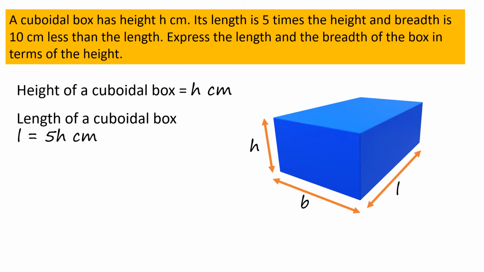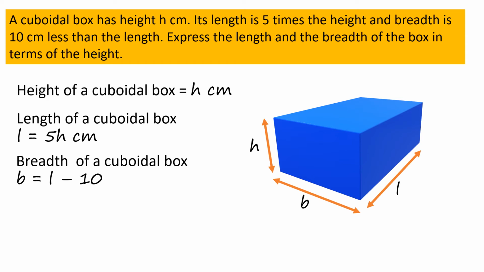It means 5h centimeter. Now, what is the breadth of the cuboidal box? That is 10 centimeter less than the length. Here length is L, so it is L minus 10. And you know what is the value of L in terms of h? That is equal to 5h. So it is 5h minus 10 centimeter.